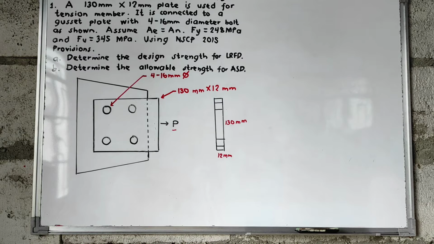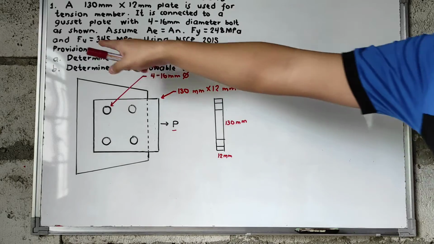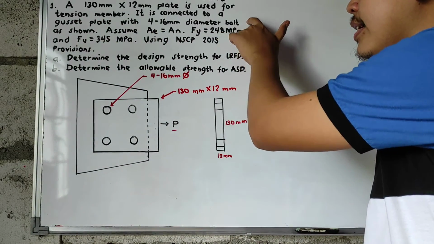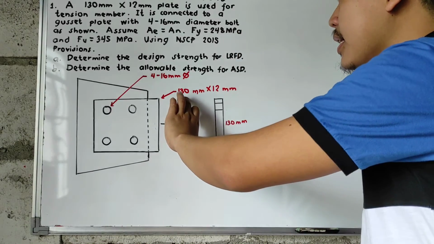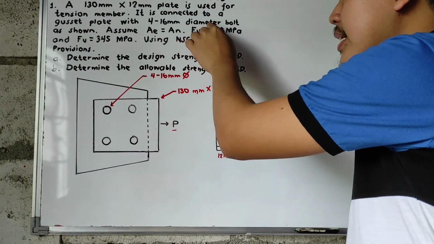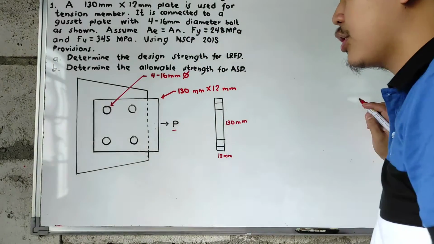Of course, the connection we use to attach our plate to the structural members, more specifically the gusset plate, is our bolts. It is connected to a gusset plate with 4 16 mm diameter bolts as shown.